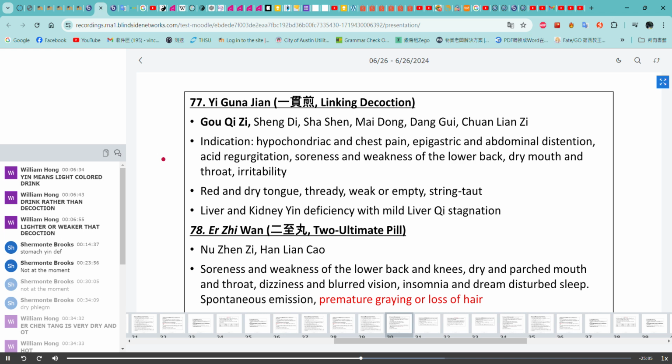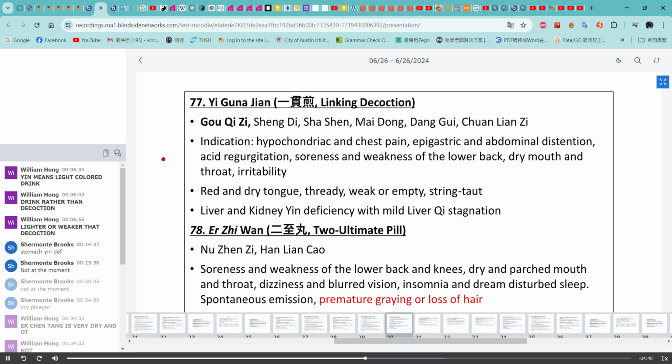If deficiency is severe, the pulse is more weak or empty. If qi stagnation is stronger, then it can be wiry. Or you can have one position weak and one position wiry like that.